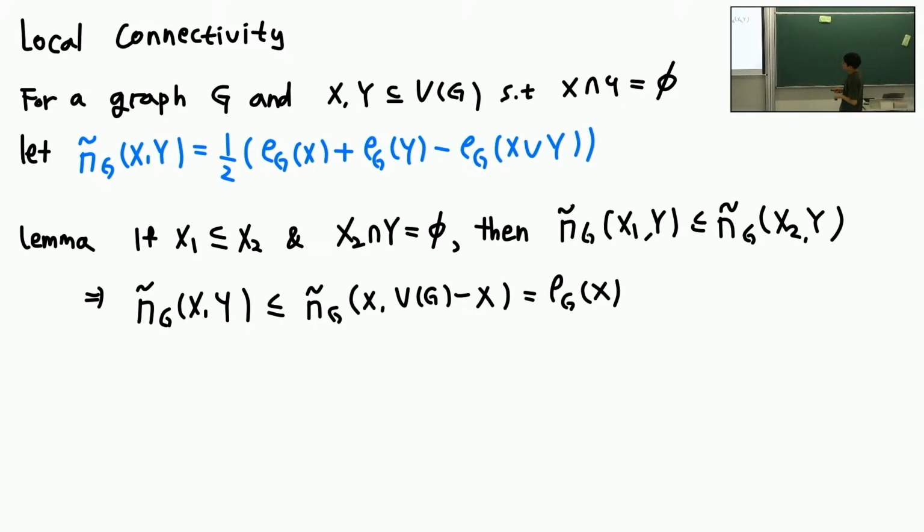which is, if a set X1 is a subset of X2 and X2 is disjoint from Y, then we have that the local connectivity between X1 and Y is less than or equal to the local connectivity between X2 and Y. Actually, this can be proved by using the submodular inequality for the cutrank function.